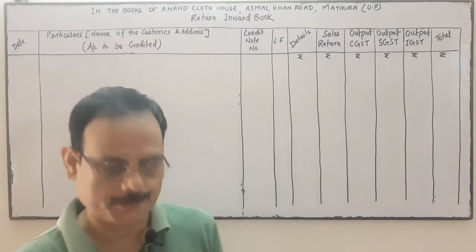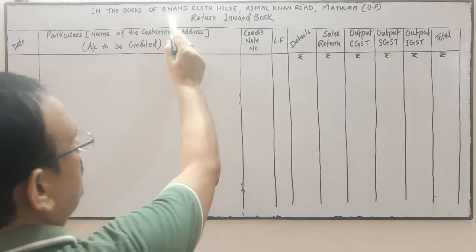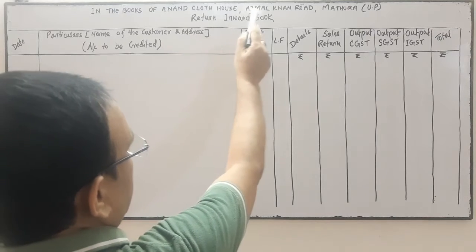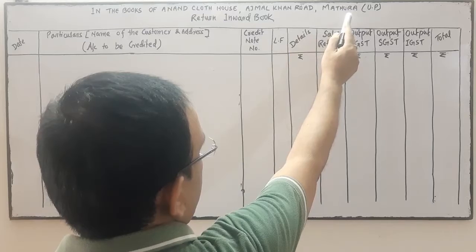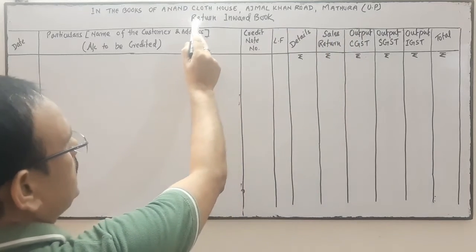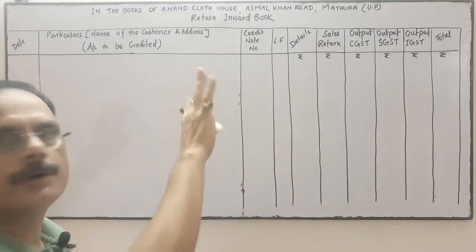Both are 2.5%. So the format is in the books of Anand Cloth House, Ajmal Khan Road, Mathura, UP. Thereafter in the center, return inward book. So this is the format.